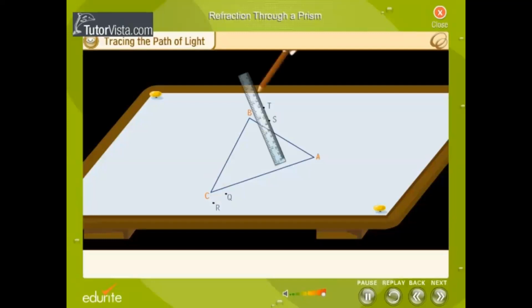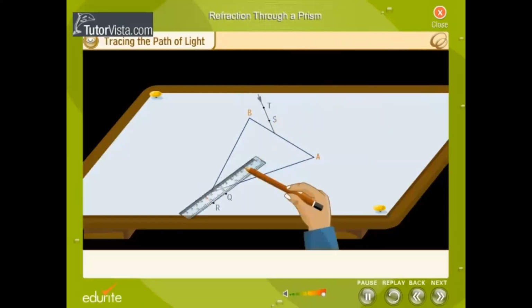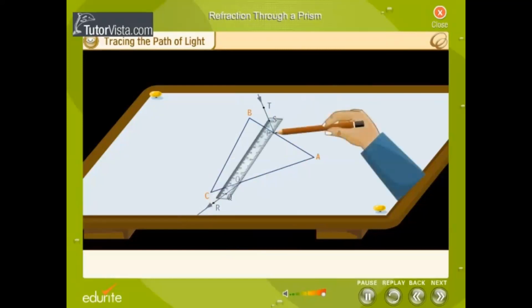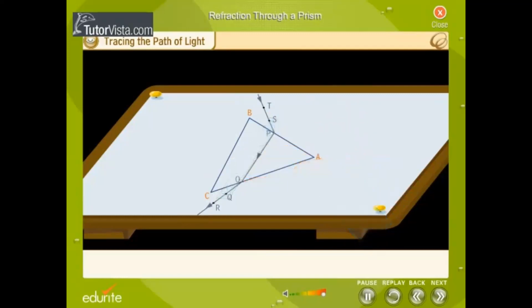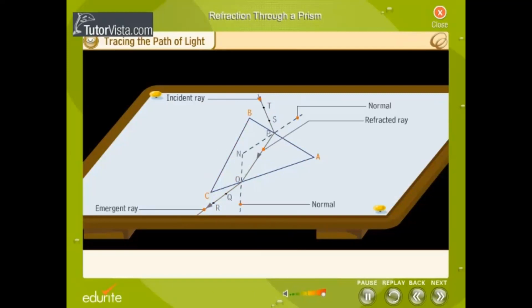Join TS and RQ and extend them to meet the faces of the prism at P and O respectively. Join PO. TP represents the incident ray. PO represents the refracted ray. And OR represents the emergent ray which is bent towards the base. Let PN and ON be the normal at the points P and O respectively.